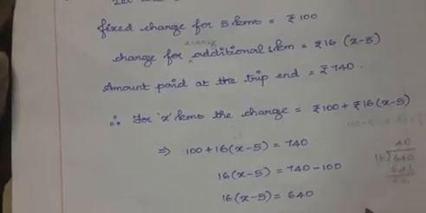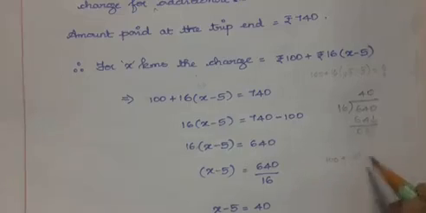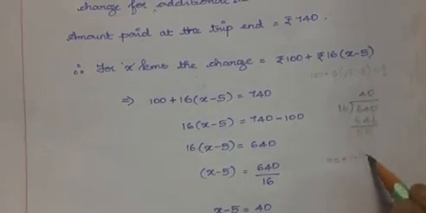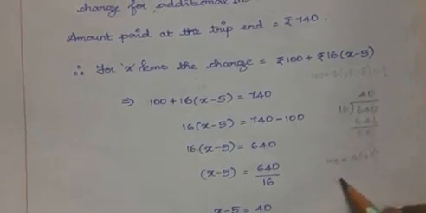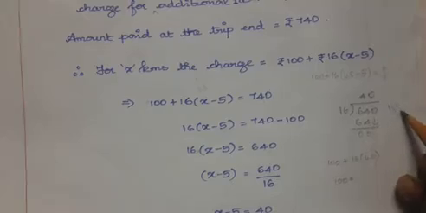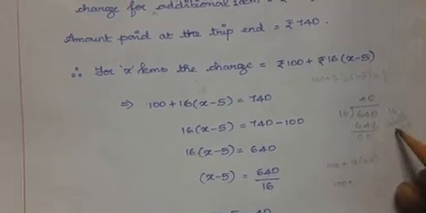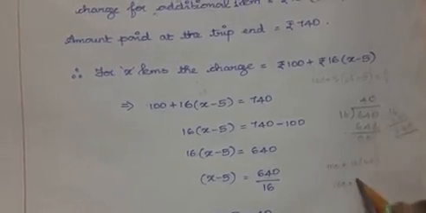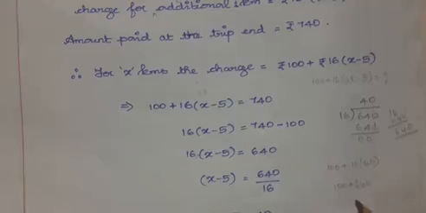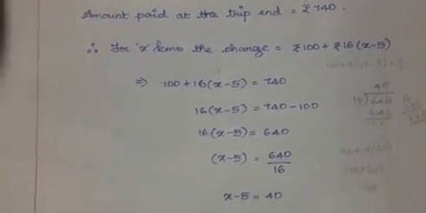So let me check. 100 plus 16 into 45 minus 5 is 40, isn't it? So 100 plus 16 into 40. Okay, 0 as it is, 6 fours are 24, remainder 2, 1 four is 4, 640. So when you check it, yes, we are getting 740. Thus the distance which you found is correct.